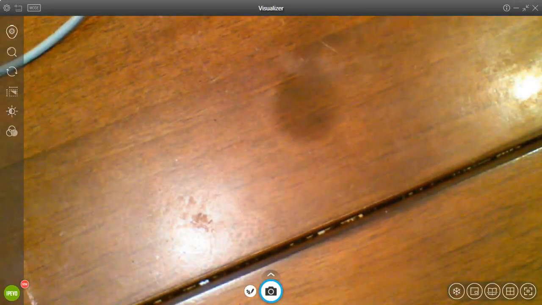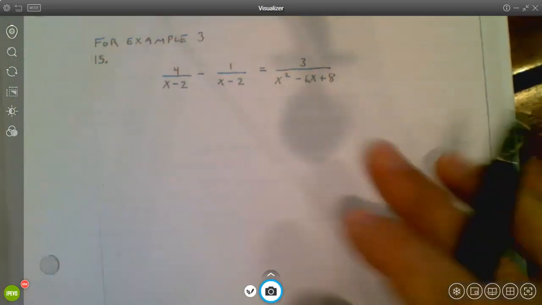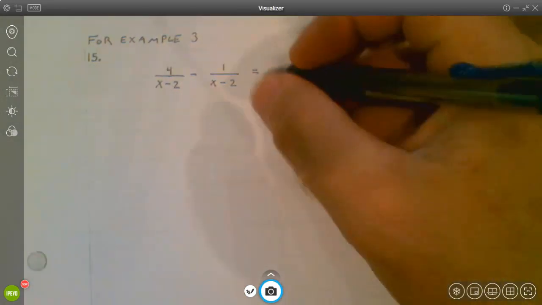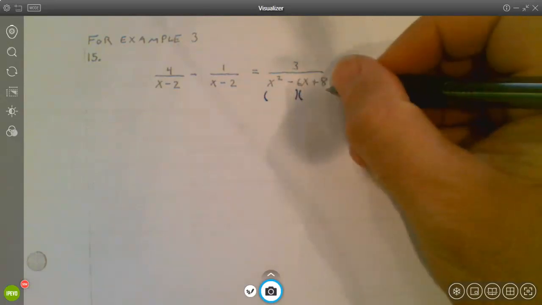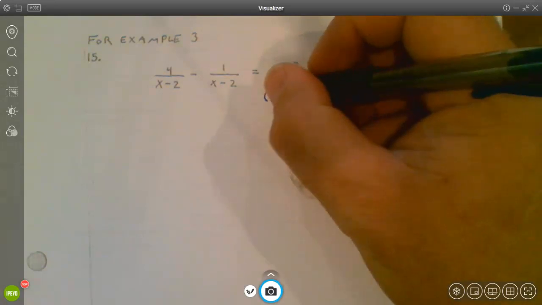So we have an example for that. That is this guy. First things first, we definitely want to put things in factored form so we can see what the common denominator would be. So if we factor this guy, x minus 2, x minus 4.